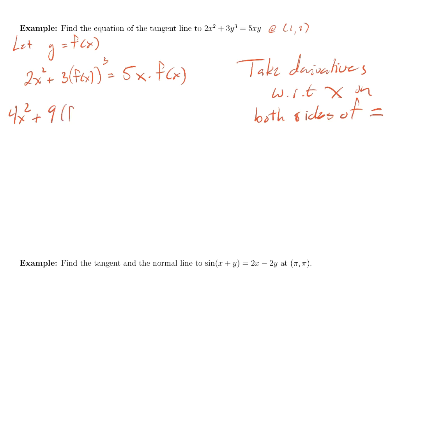It's 9 times f of x squared, but since that isn't just an x inside, we have to use the chain rule. So that is times f prime of x. Okay, and then on the right-hand side, we're going to use the product rule. So we get 5x f prime of x.